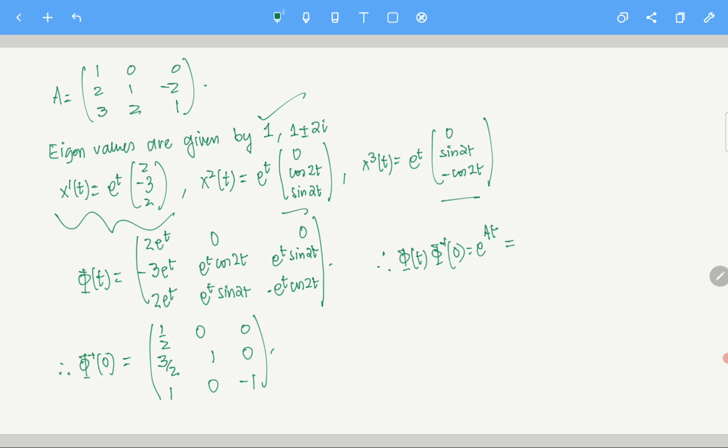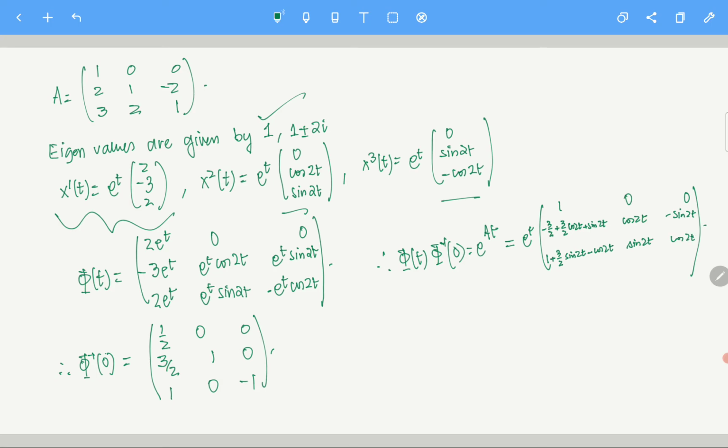Now how do I calculate this thing? Of course, I am going to write it down, and you are going to verify this thing. It is 1 0 0, and it's a big one: minus 3 by 2 plus 3 by 2 cosine 2t plus sine 2t, and 1 plus 3 by 2 sine 2t minus cosine 2t, and sine 2t, cosine 2t, and minus sine 2t and cosine 2t.